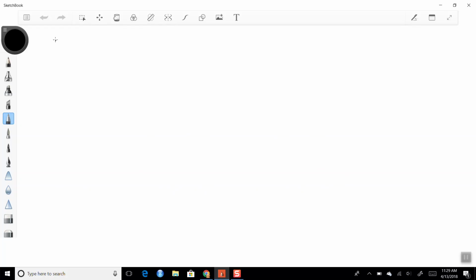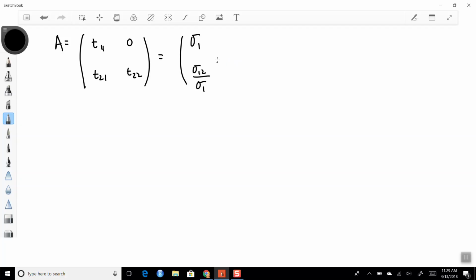Okay, so we'll say A is then equal to, I forgot. Yeah, let me just write this out. Okay, so I got sigma 1, the covariance, sigma 1,2 over sigma 1, 0, and then that term here, sigma 2 squared minus.